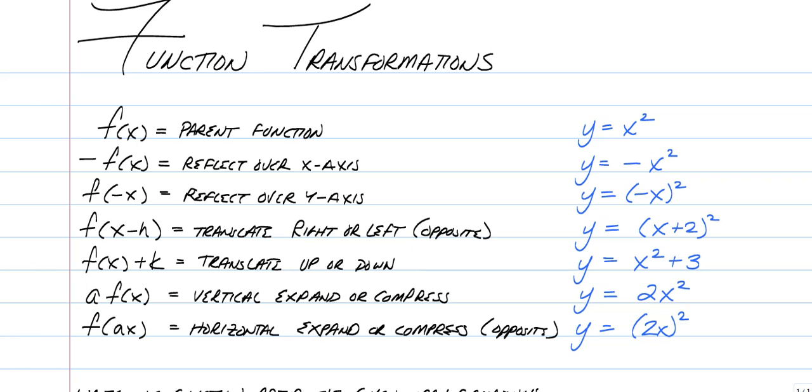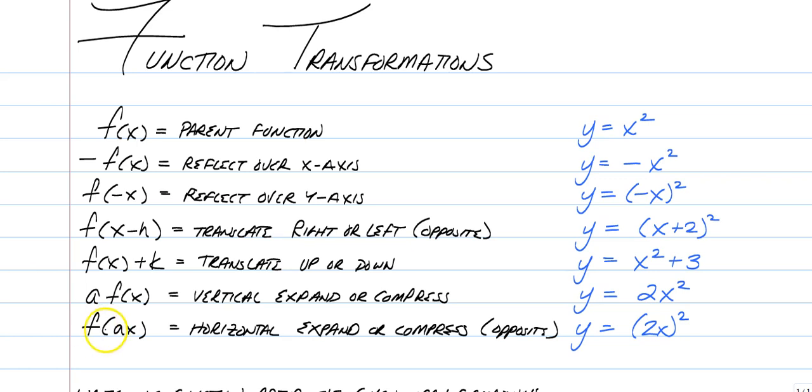When you multiply the entire function by something, that's vertically expanding or vertically compressing. In this case, we're expanding by 2. If that was a 1/2, we would be compressing by a half. If it's bigger than 1, we are expanding. If it's a fraction smaller than 1, we are compressing.